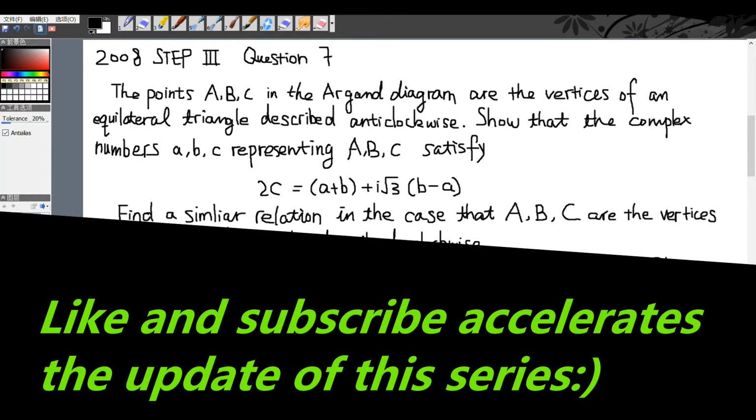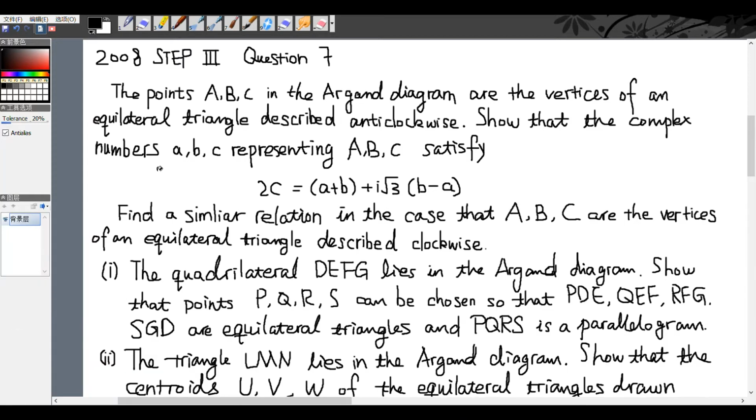In this video, I'm going to give the solution of 2008 Step 3 Question 7. Before I give the solution, I should remind you that this type of question usually appears in the Step 3 question paper. Almost every year, they have one complex number problem for candidates who take the Step 3 exam.